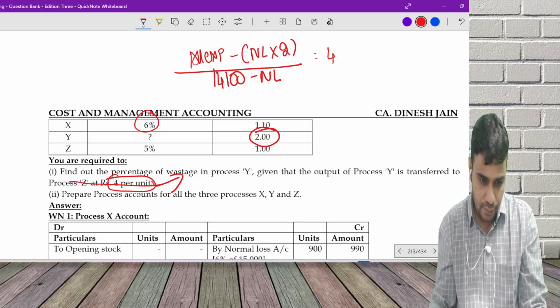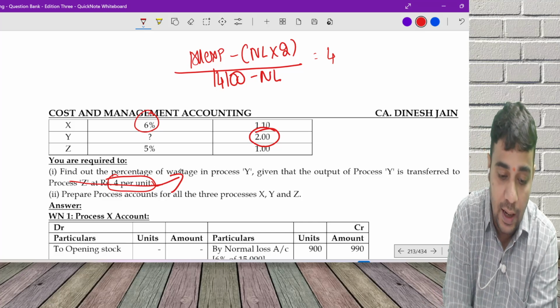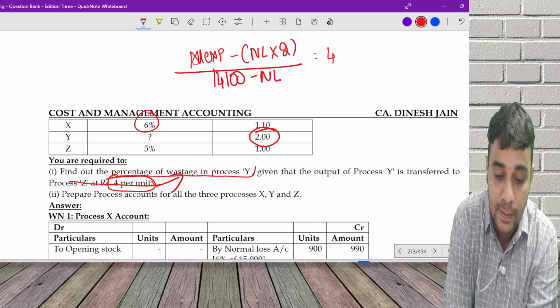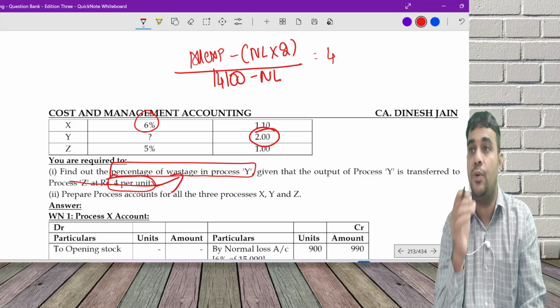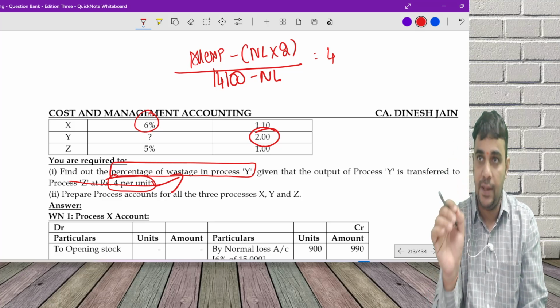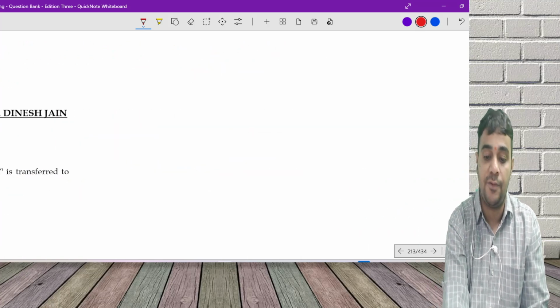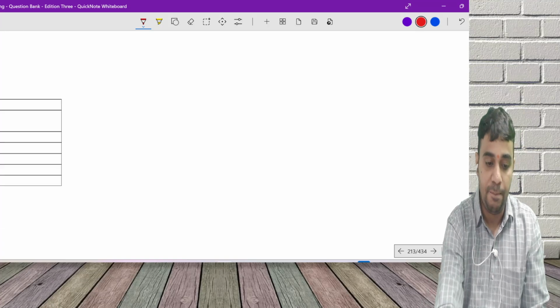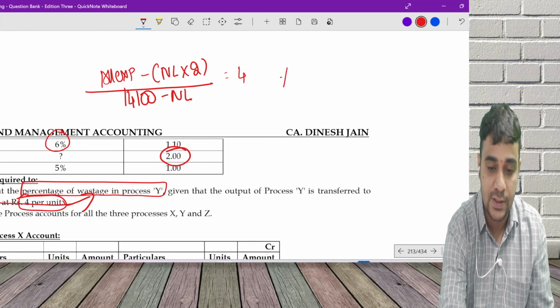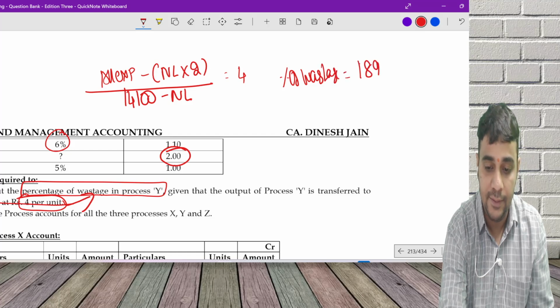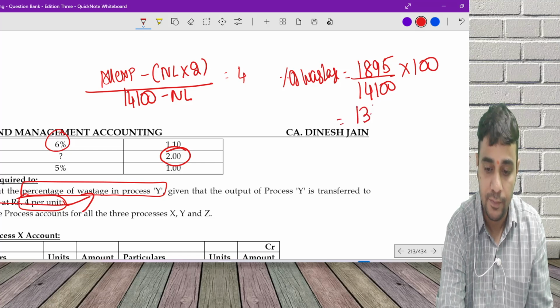Now, in an exam situation, the answer is not 1895. What is the requirement? Percentage of wastage in process Y. Many students in a hurry don't calculate that. So after your 1895, in the next line, calculate the percentage of wastage: 1895 into 100, two decimal answer, 13.44.